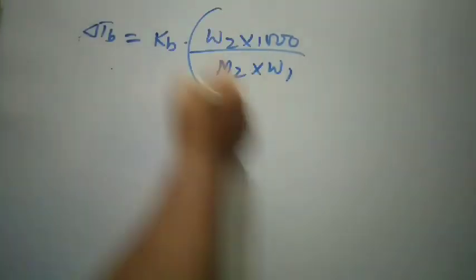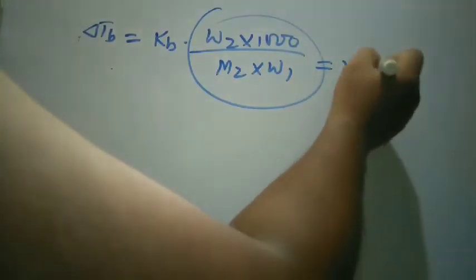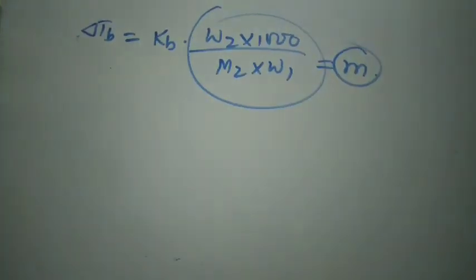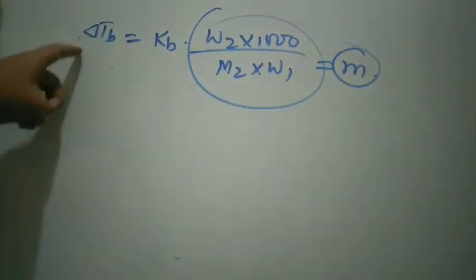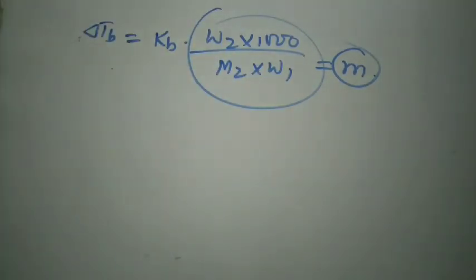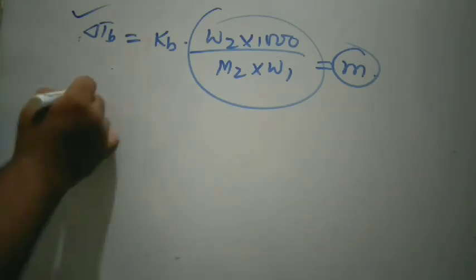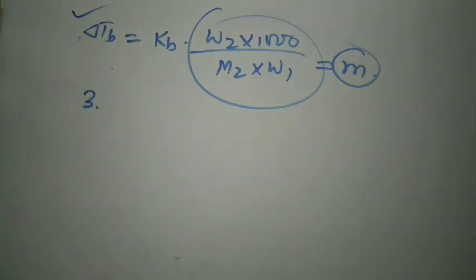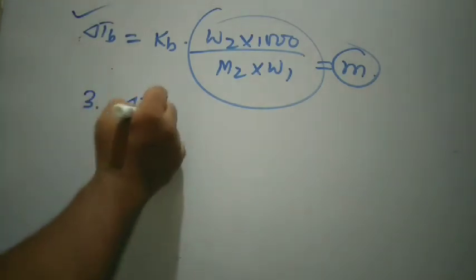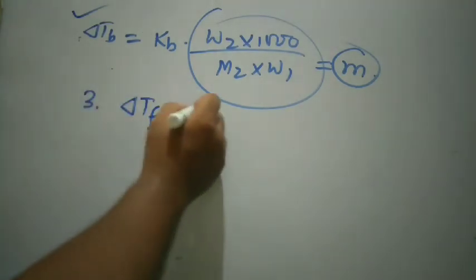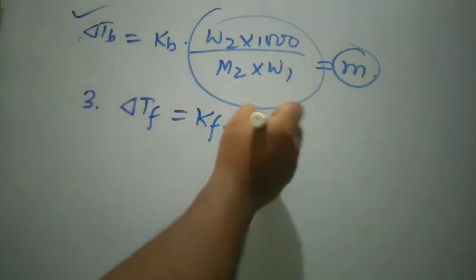Now this term is equal to the molality. So in place of molality, if we place this formula, then we get the complete formula like this. Simple mathematics came from these topics. So just be careful and remember this formula. Now the third one is depression of freezing point, delta TF, which equals KF into m, molality.